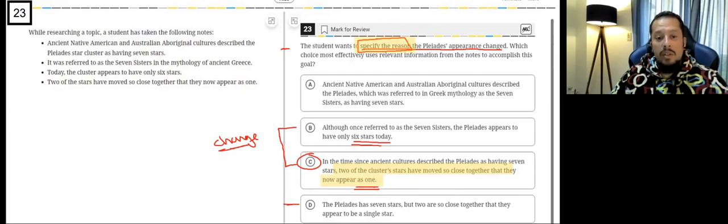Some people told me answer D, that the Pleiades, I'm sorry, I don't know how to say that, has 7 stars, but 2 are so close together that they appear to be a single star. Again, this is all good, right? But we need more specific information. So I want you to notice the difference between these two answer choices.